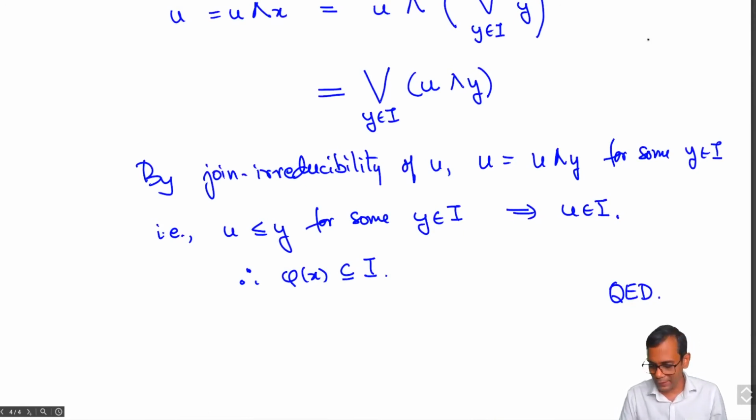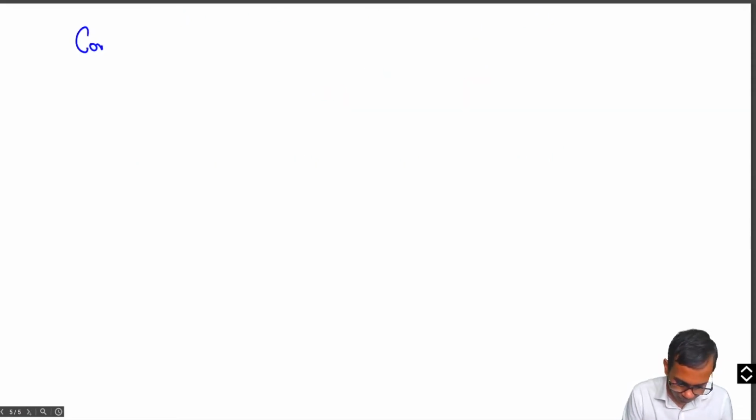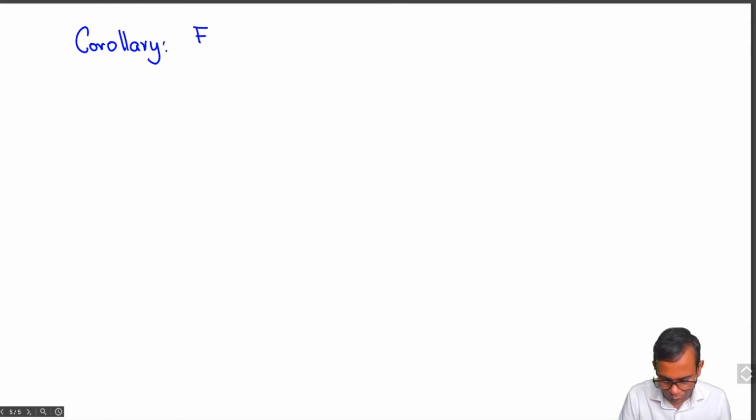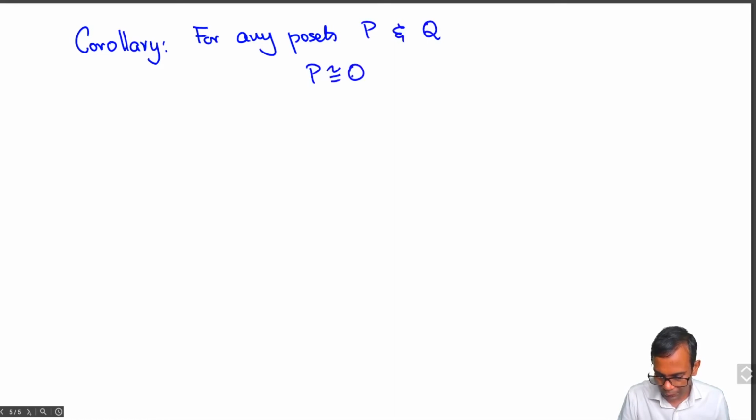This theorem has several interesting corollaries. The most obvious being that for any posets P and Q, of course, if P is isomorphic to Q, then JP is isomorphic to JQ.